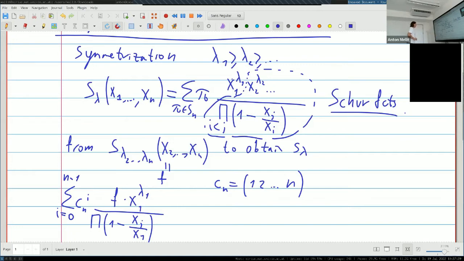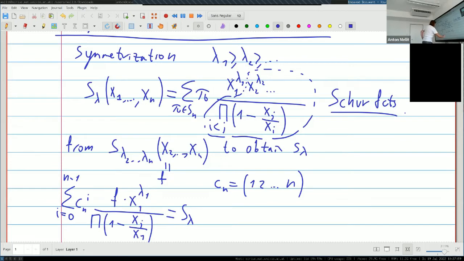And that is the sum. Now you can think of a clever way to compute this sum.